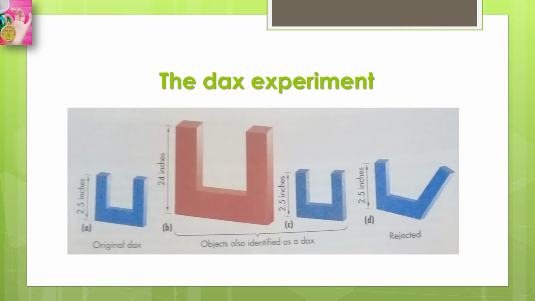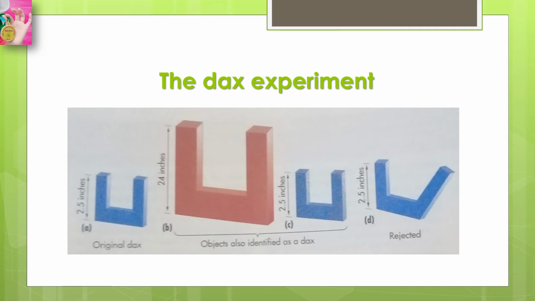But they were made of different materials or were a different color or size. Other objects were identical to the original dax in every way except that they were shaped a little differently. The experimenter asked the children which of these objects was a dax.